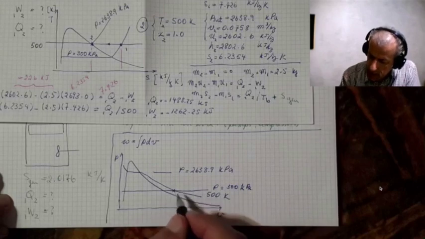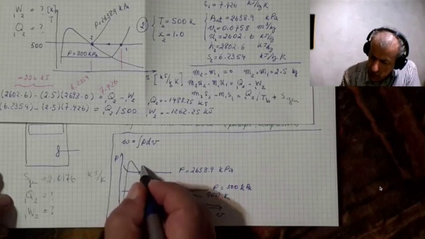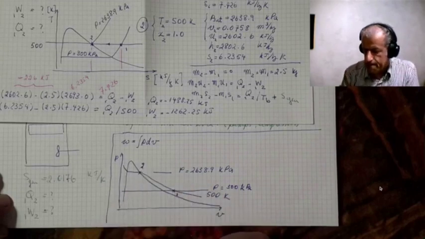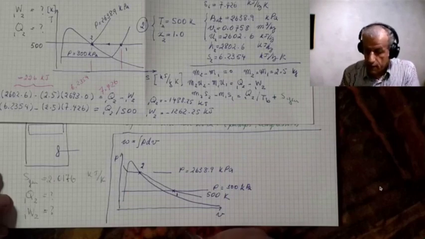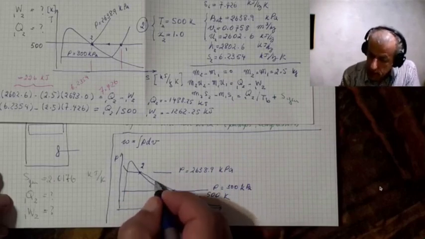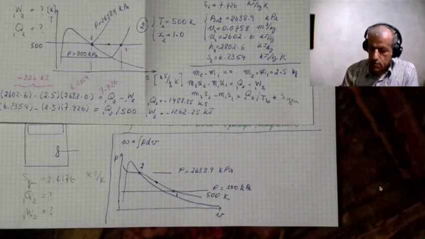Point 1 is here, and point 2 is here. And we have all properties for points 1 and 2, and our process is this one.